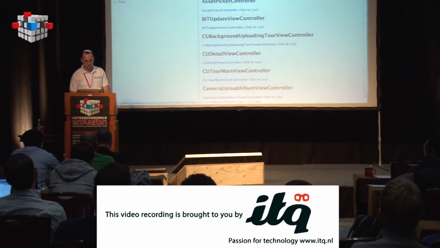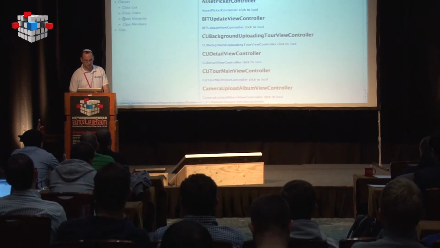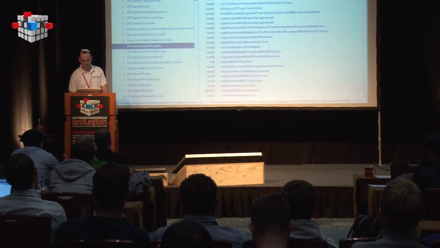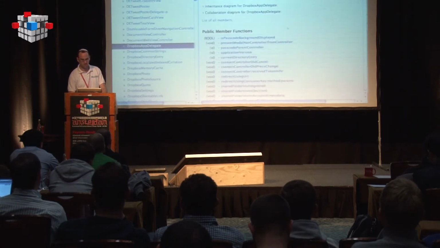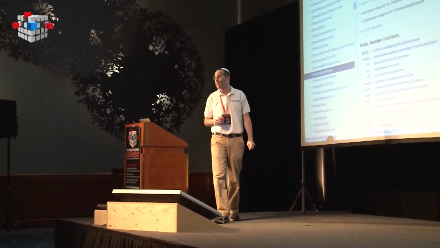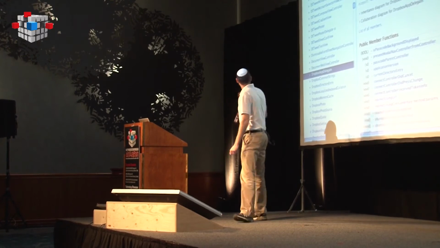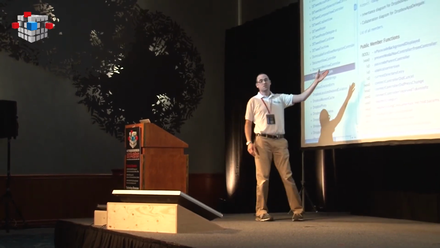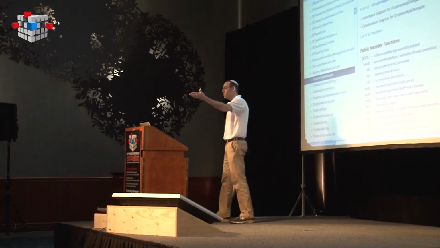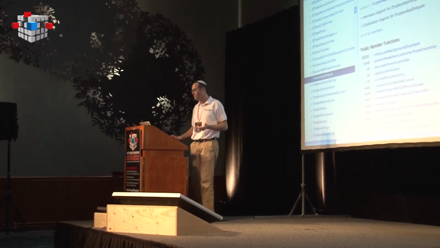Let's say I want to see, okay, let's look at the Dropbox app delegate class, the main delegate application class. And I can see what functions I can invoke on it. Each and every one of them is fully disclosed into my hands without any effort.